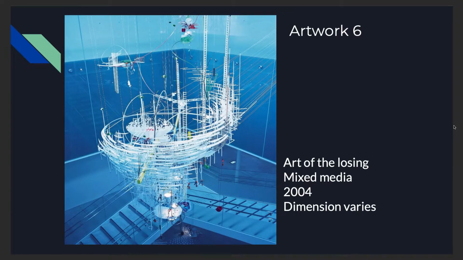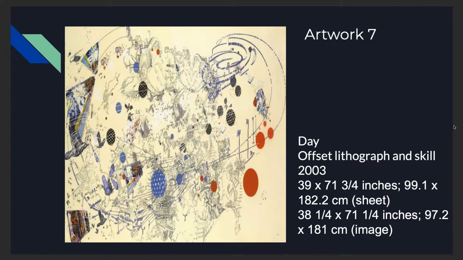Art of the Losing, mixed media. That's very cool, hanging in a stairwell. Here's a lithograph. So Sarah Z is doing a print. Remember, lithographs are printed off of slabs of stone.